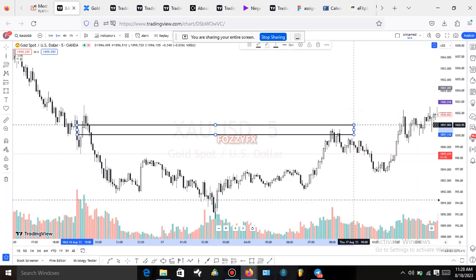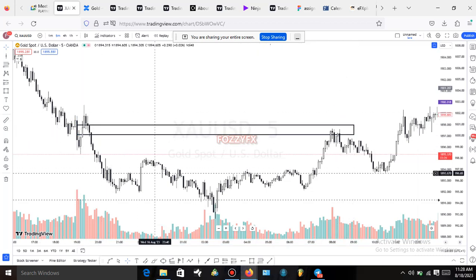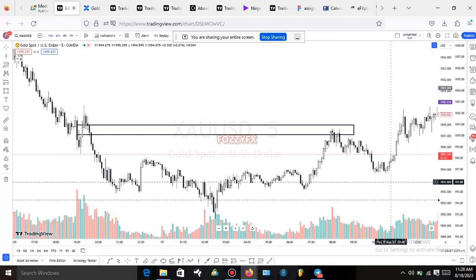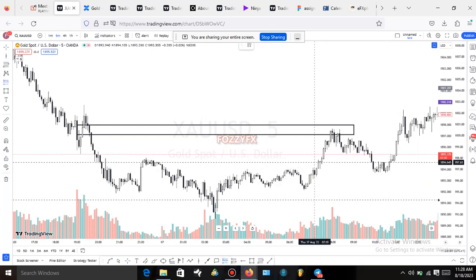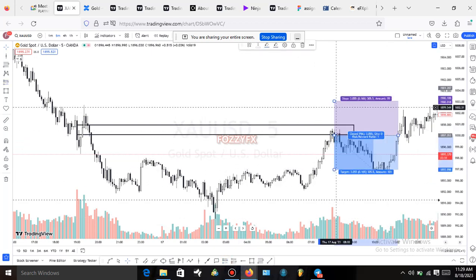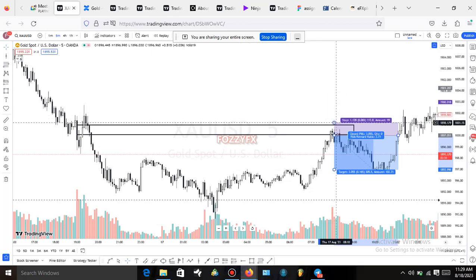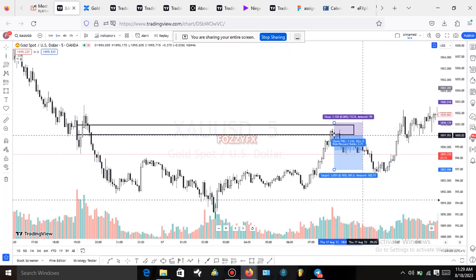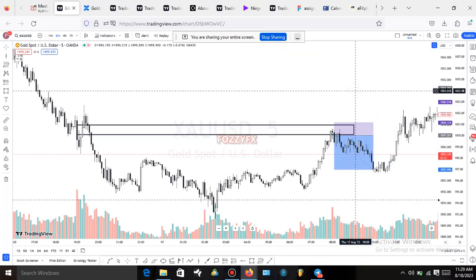Refine it to whatever level you want to do. It is an area. Will you have caught this sell? Yes or no? Yes, you would have caught it, right?